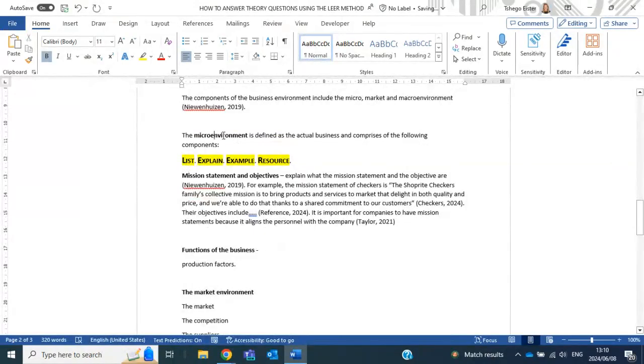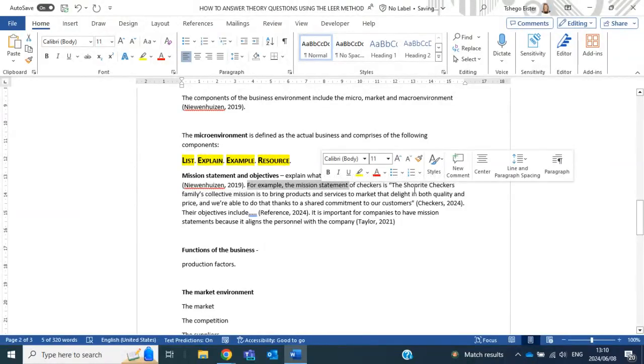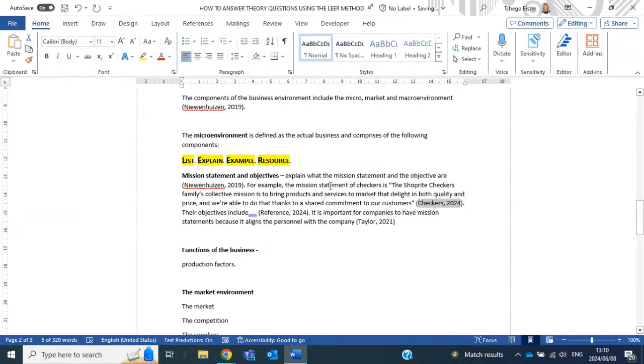Yes, we've listed them as the microenvironment variable. Then we've explained it in our own words and referenced it. Then we've also come up with an example. For example, the mission statement of Checkers is, and we've also got a reference for that.